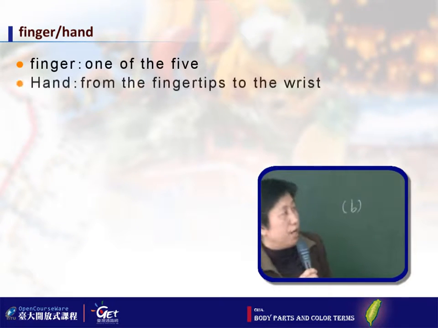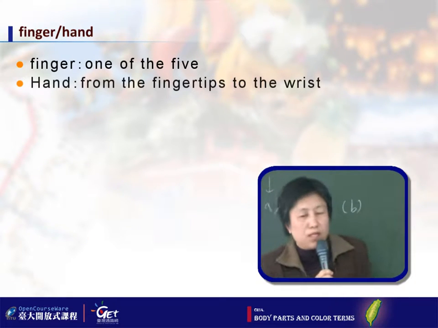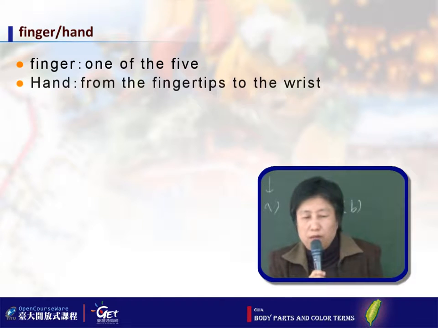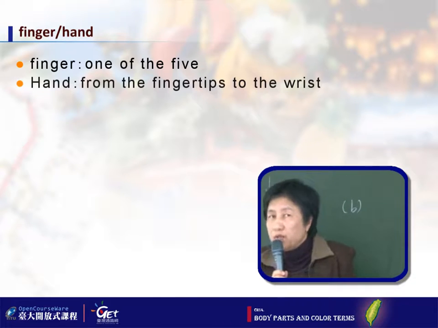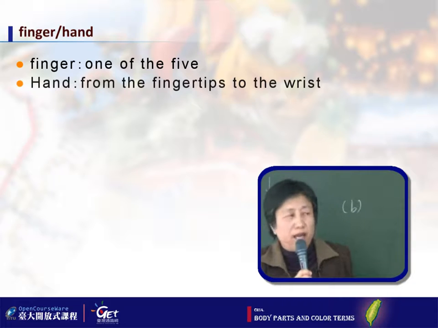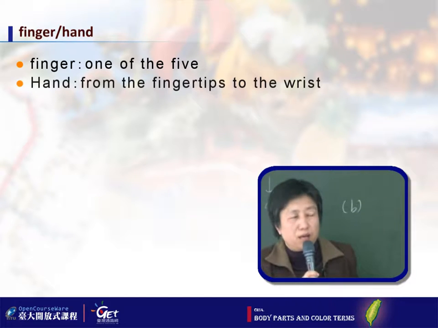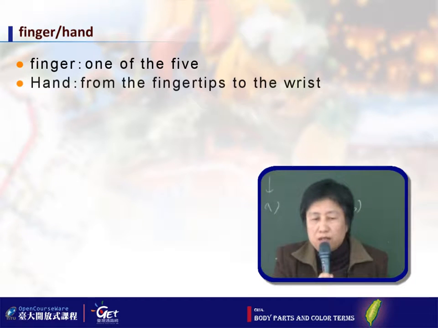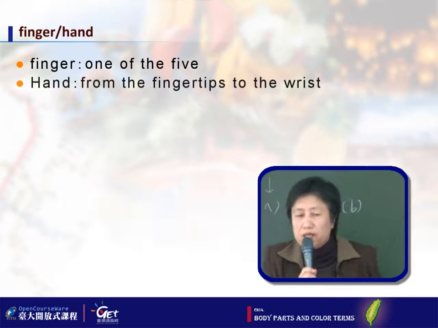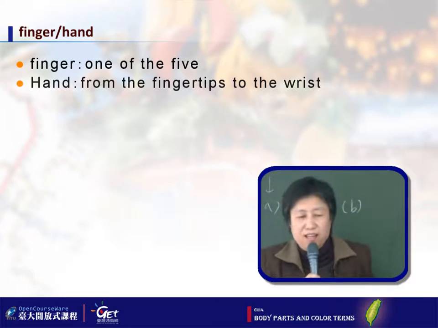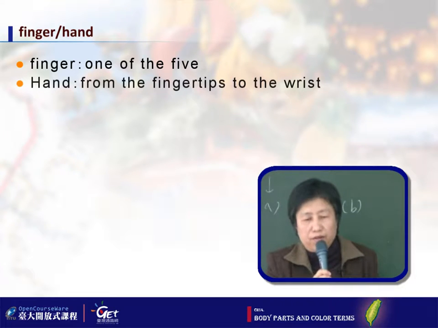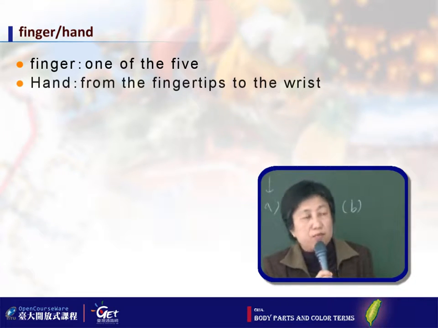And the other term they are using is finger and hand. Whether languages will show finger and hand as two separate words or just one word. The definition of finger is one of the five things in your hand, and hand refers to from the fingertip to the wrist.